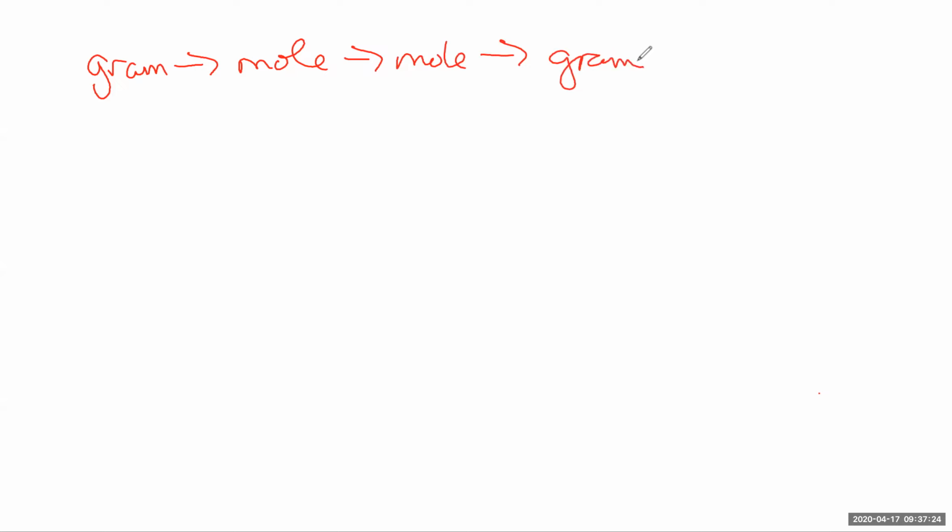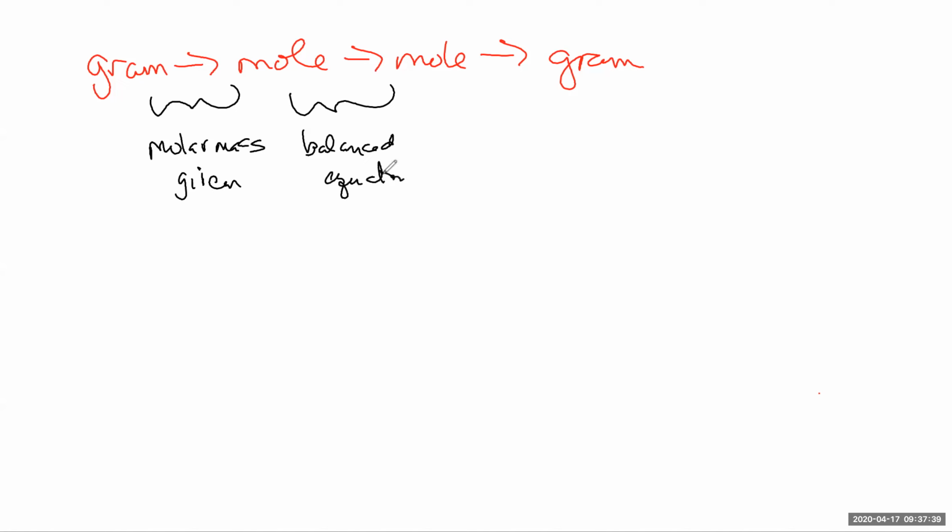In these problems, the first step used the molar mass of the given, the middle step used the balanced equation, and the last step used the molar mass of whatever was asked for. These are 3-step problems, and we did several in the last video.